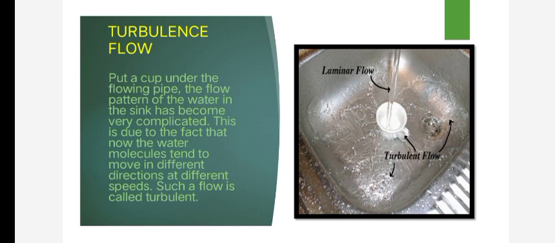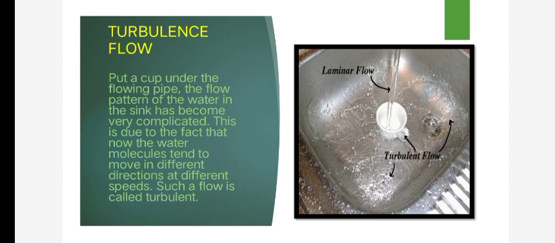For example, put a cup under the flowing pipe. The flow pattern of the water in the sink has become very complicated. This is due to the fact that the water molecules now tend to move in different directions at different speeds. Such a flow is called turbulent.